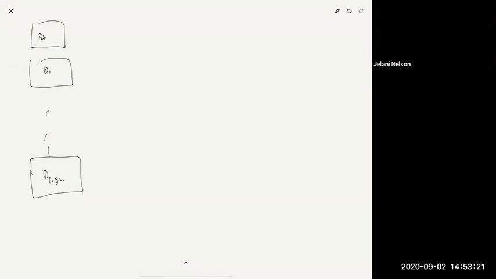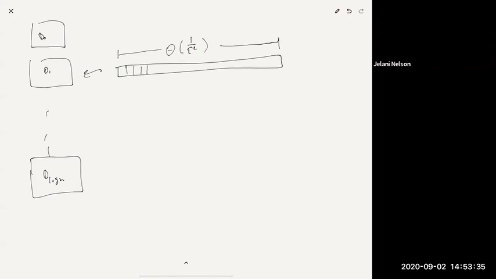Now, for my data structure with Daniel Kane and David Woodruff, as well as for HyperLogLog, each one of these Ds is simply a bit vector of length theta 1 over epsilon squared. Let's call this number R. And you're going to have a separate hash function. So let's say this is DJ. You're going to have a hash function GJ, or actually it doesn't need to be GJ. It can just be G.